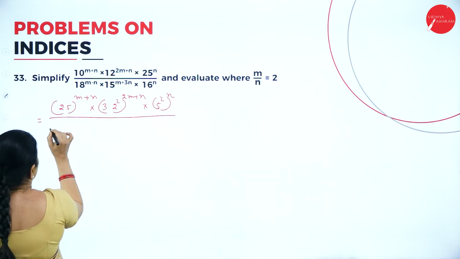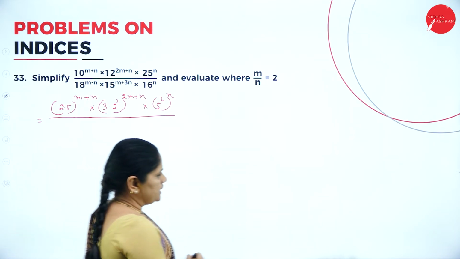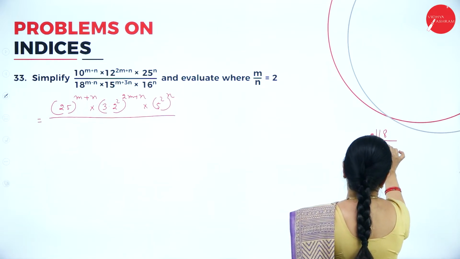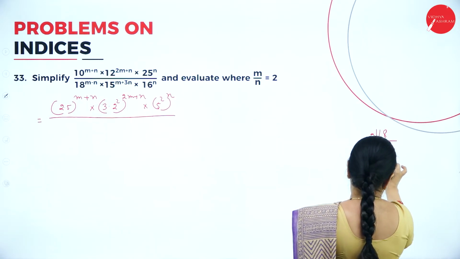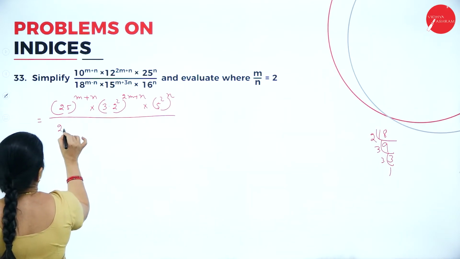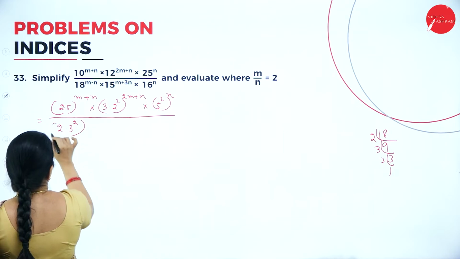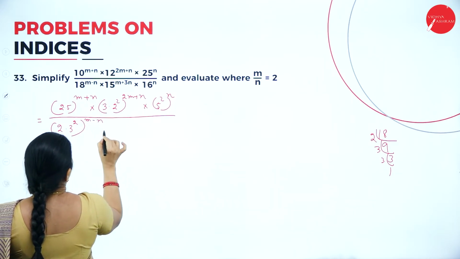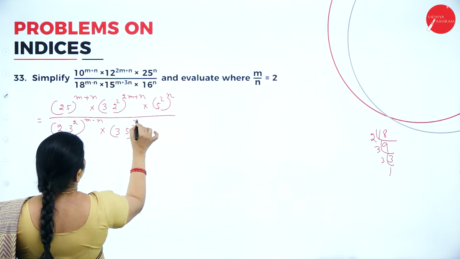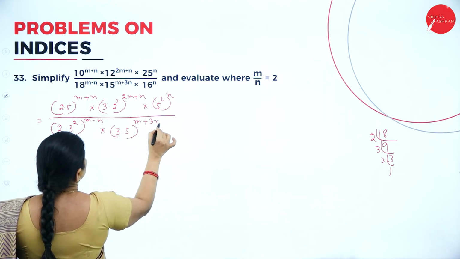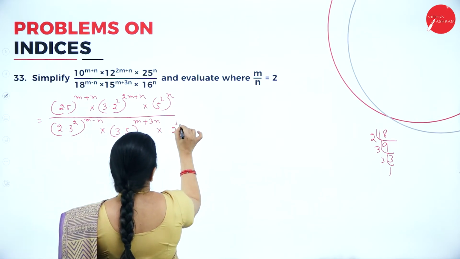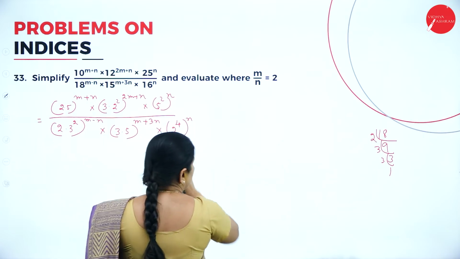This will be equal to, so 18, if I have to factorize, 2 9s are 18, 3 3s are 9, 3 1s are 3. So this will be equal to 2 into 3 square to the power of m minus n into 3 into 5 to the power of m plus 3n into 16, which will be 2 to the power 4 whole to the power n.